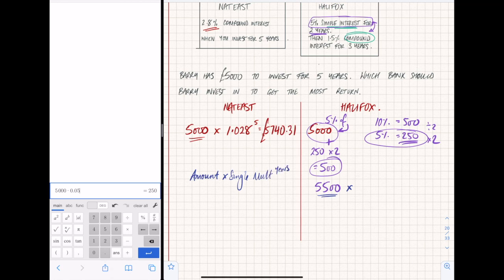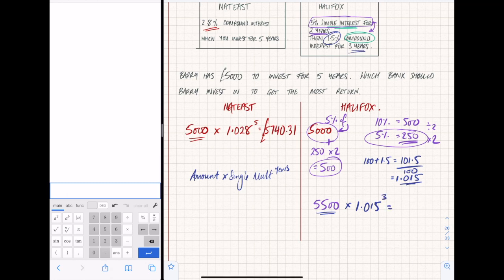So my single multiplier is now going to be based on that 1.5%. So it's 100 plus 1.5, which is 101.5. Divide that by 100, 1.015. So my single multiplier for this value here is 1.015, and it's for 3 more years.